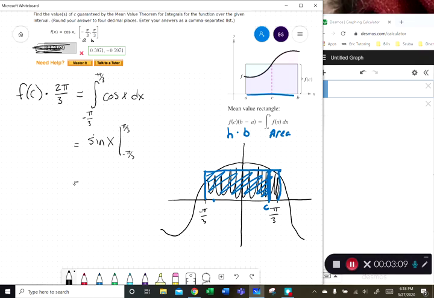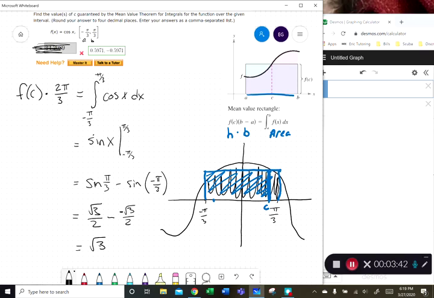So we do sine of pi over 3 minus the sine of negative pi over 3. Sine of pi over 3 is root 3 over 2, and we're subtracting the sine of negative pi over 3, which is negative root 3 over 2, which gives us the square root of 3.